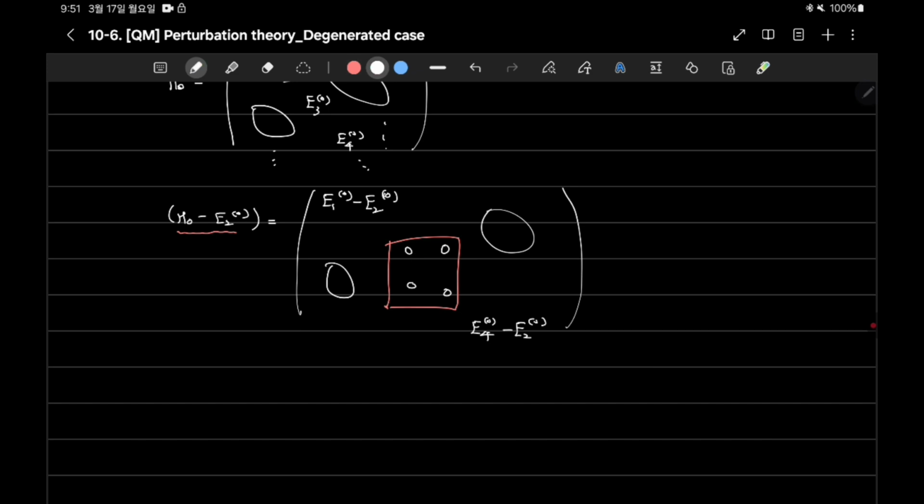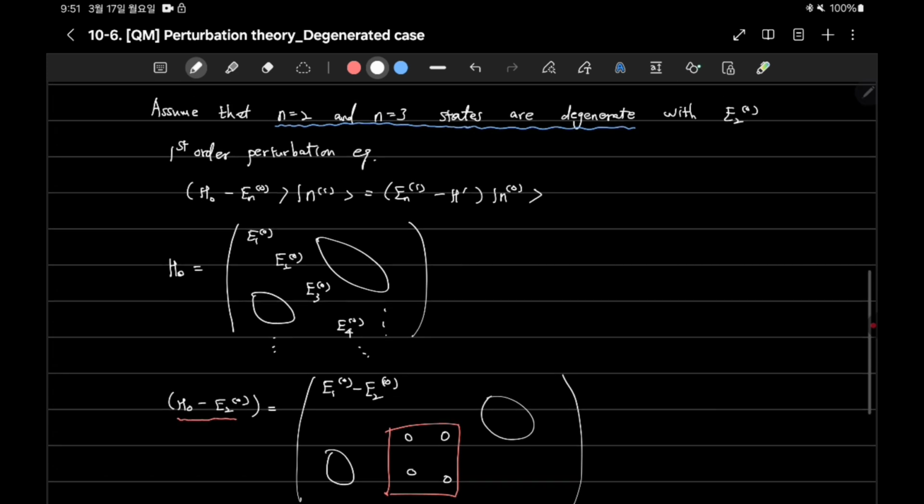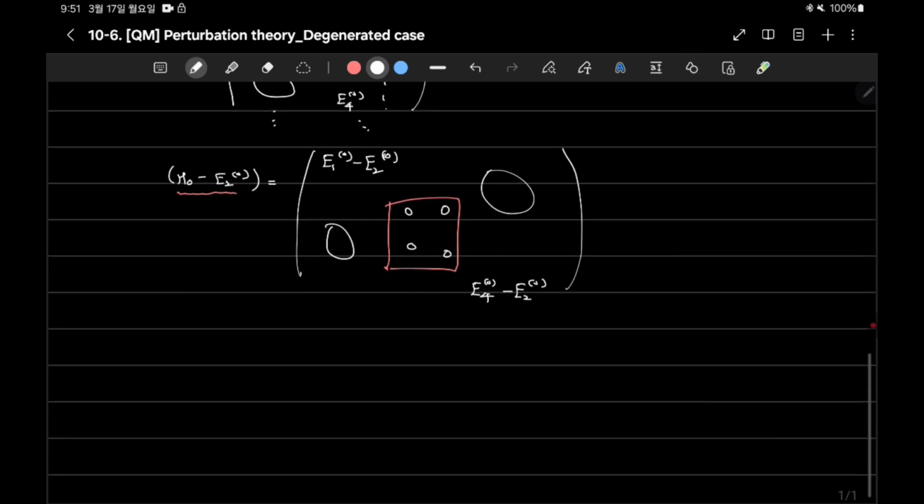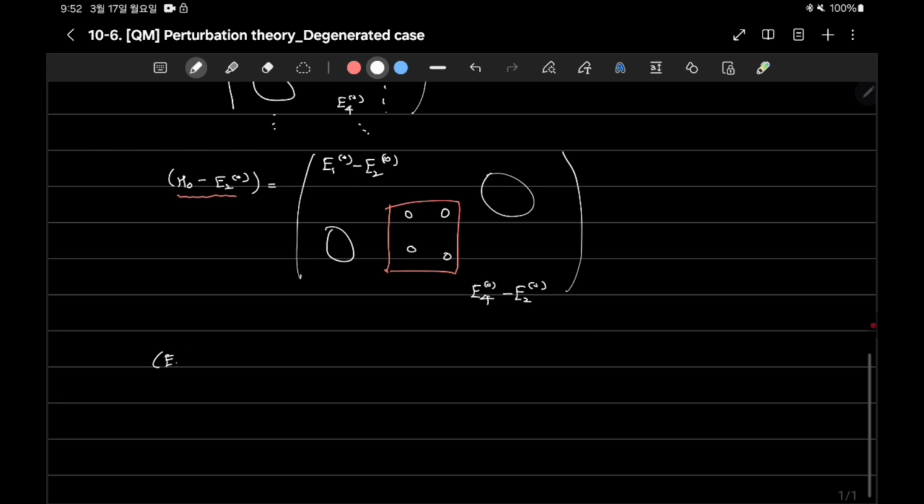On the right-hand side, let's denote E21 minus H prime.